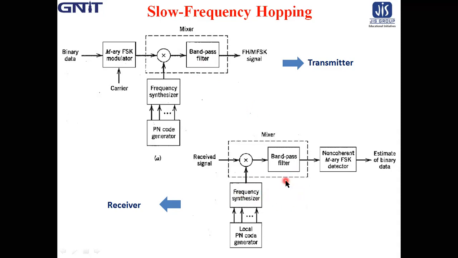In the receiver, this is the pictorial diagram for the receiver of slow rate frequency hopping. So in the receiver, the frequency hopping is first removed by mixing the received signal with the output of a local frequency synthesizer that is synchronously controlled in the same manner as that in the transmitter.